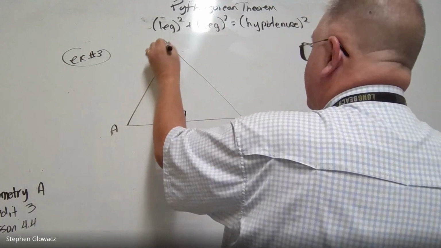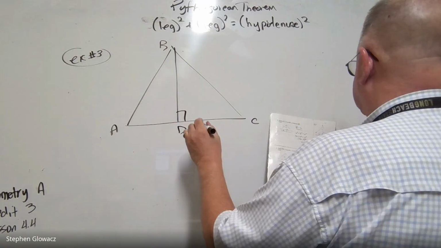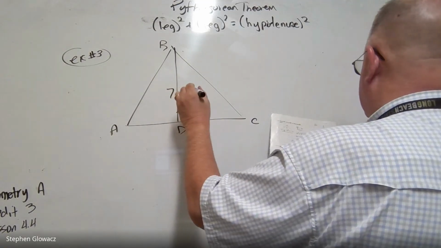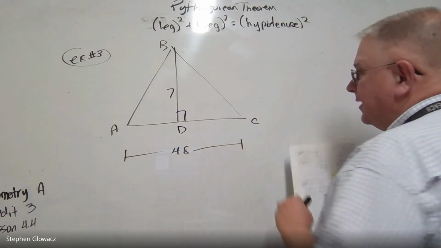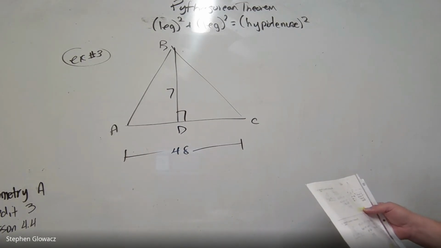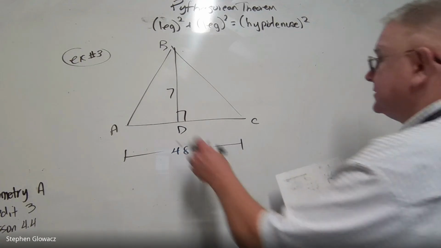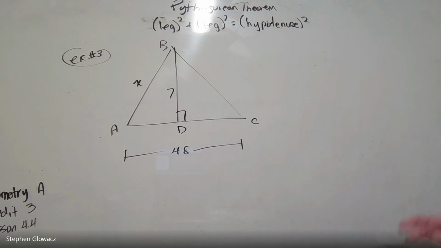We have triangle A, B, C, and D. And this is going to be 7. The whole thing, AC down here, is 48. And what they want us to find here is the length of AB. Is that correct? Yes, that is correct.